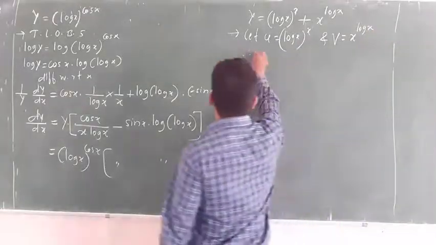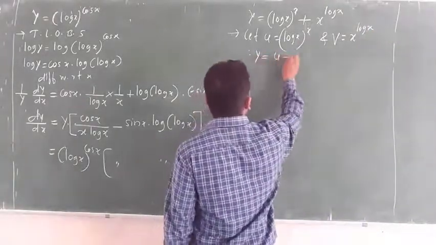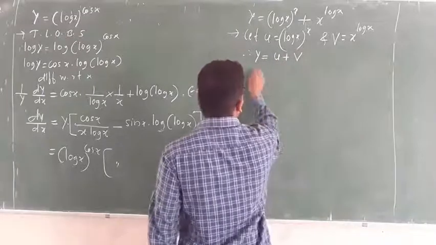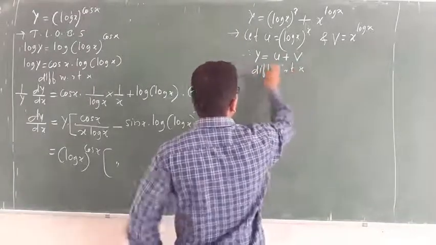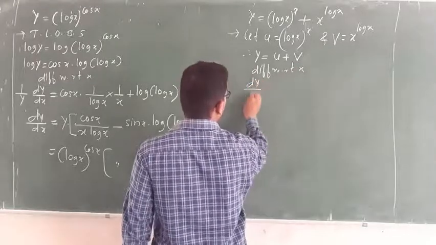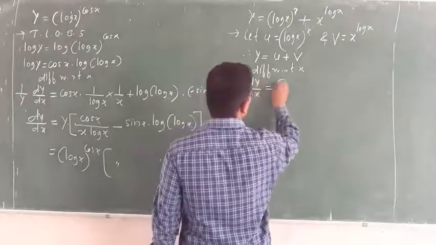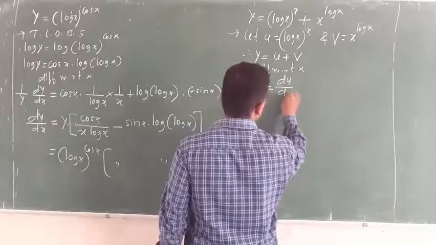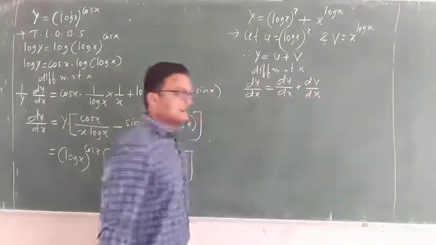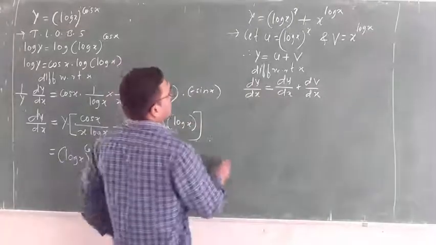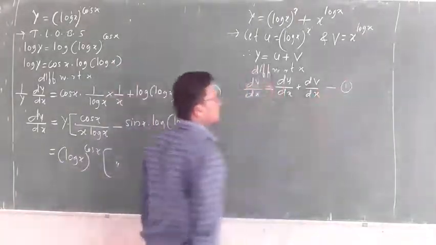So therefore your y becomes u plus v. Now you have to differentiate this with respect to x. So the derivative of y is dy by dx, which is equal to du by dx plus the derivative of v, dv by dx. Give this as equation 1.